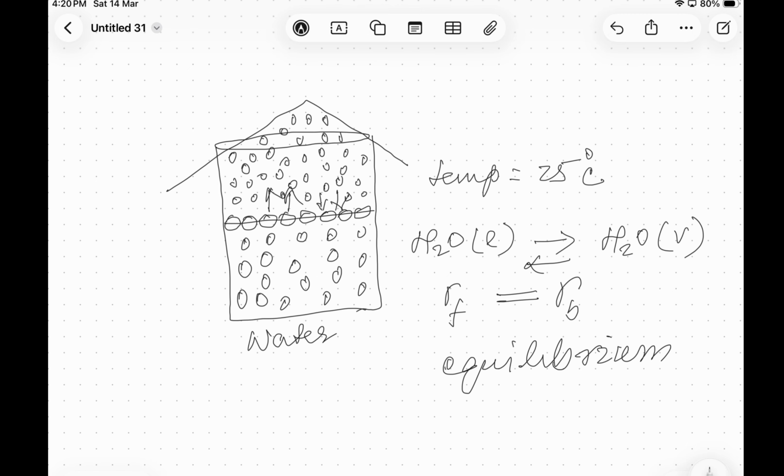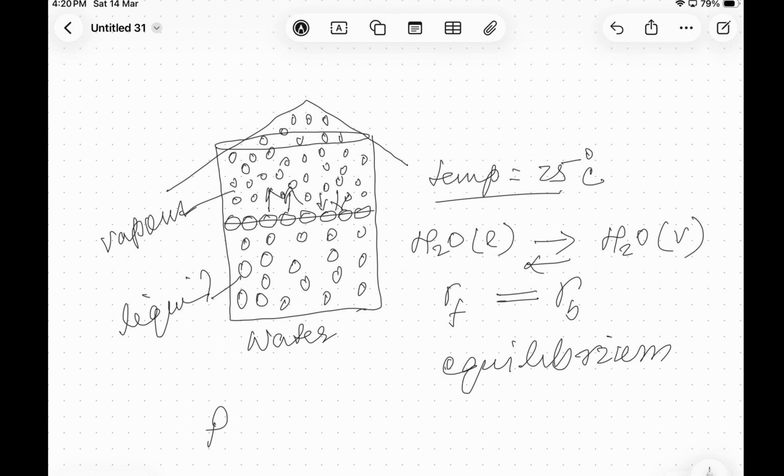At this equilibrium, at constant temperature, whatever pressure is exerted by vapor over the surface of liquid, that pressure is called vapor pressure.